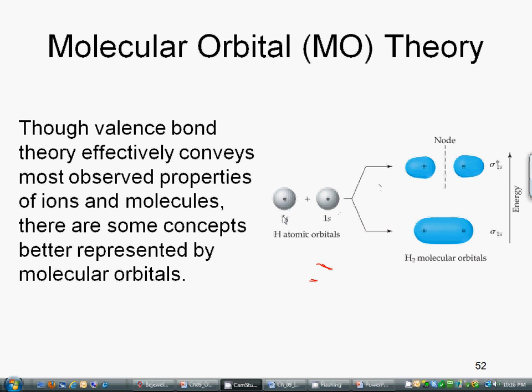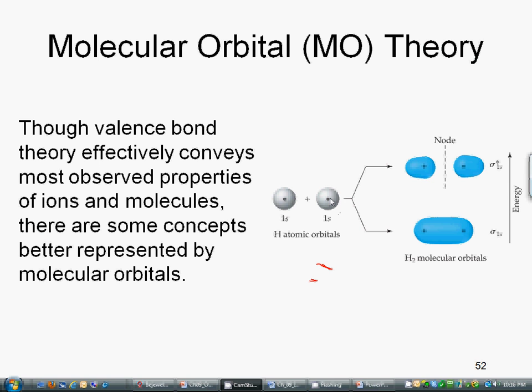Okay, so the main idea of MO theory is if you took two hydrogens, here's one and here's another, and moved the two hydrogens closer to each other, one of two things could happen.